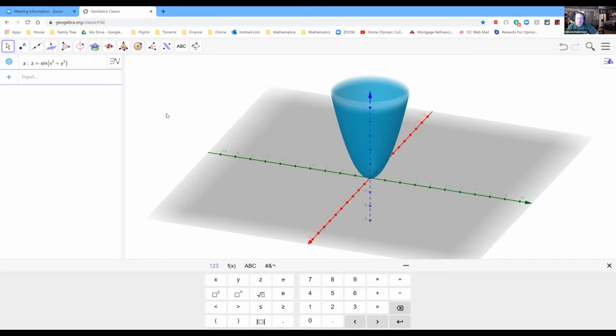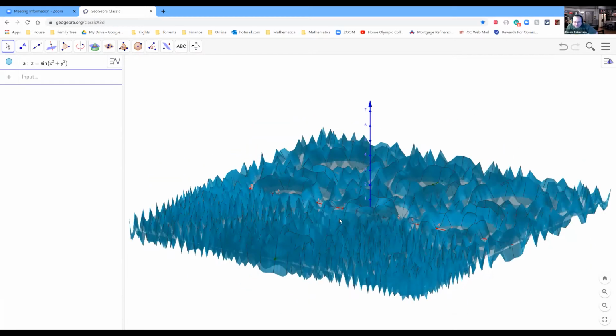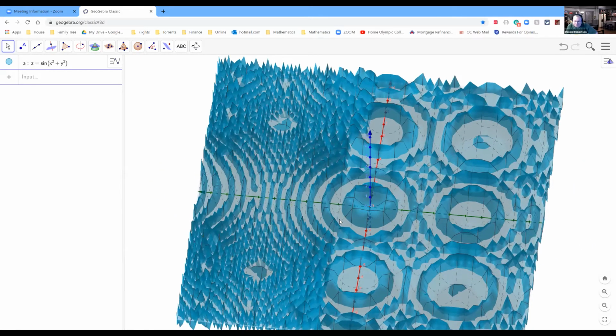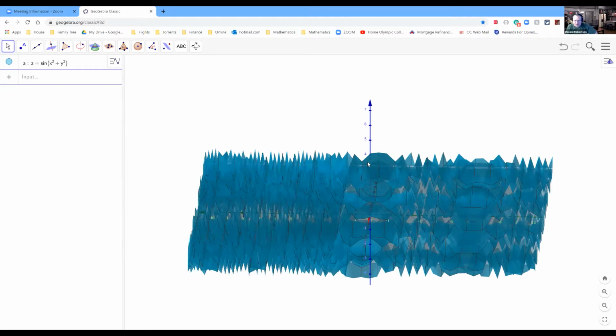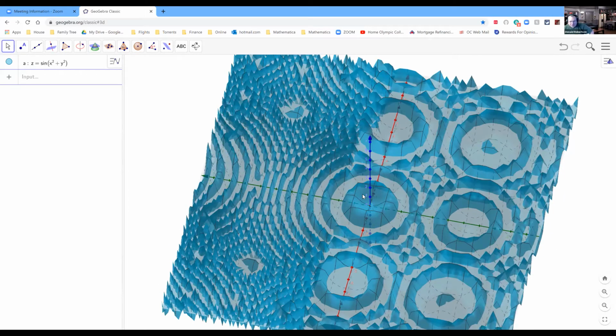So let's see what this looks like. Whoa, it did look cool. Wow. That is interesting. I honestly did not expect that kind of complexity. Wow. I have no idea what that is doing. It's doing lots of stuff, but it's kind of cool.